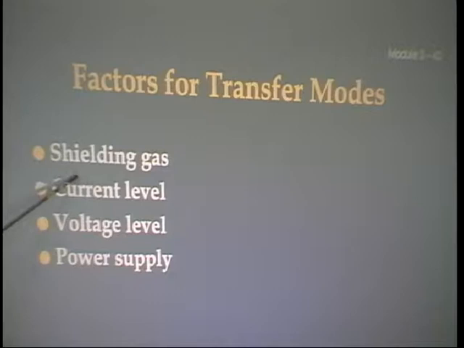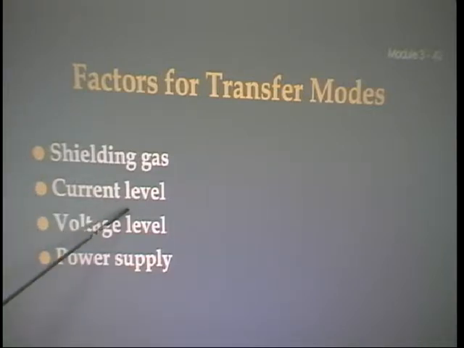So shielding gas plays a critical role in the type of metal transfer. It helps with arc stability. It can affect the amount of spatter. It can affect the amount of deposition, how deep into the weld pool and the base metal you're going to go, and it can affect the amount of heat transfer. So shielding gas is very important.